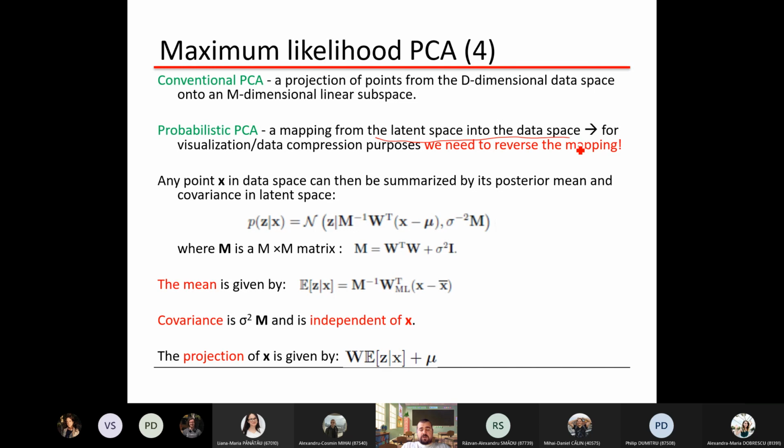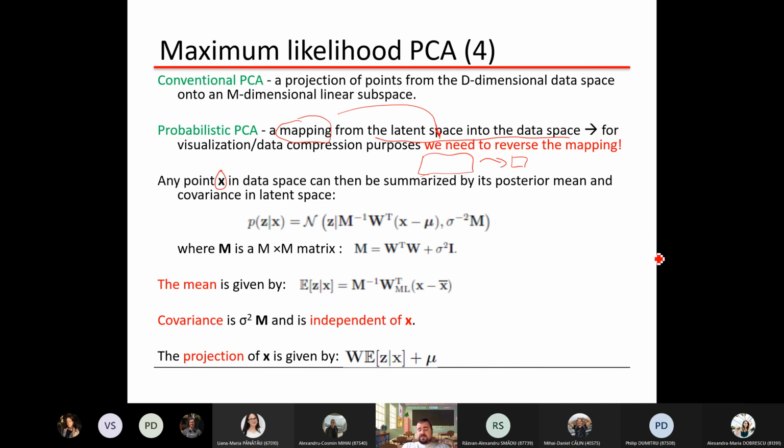But since we want PCA for visualization, for data compression, and so on, we don't need this mapping. We actually need the reverse mapping, because what we would like to do is to get from a higher space to a smaller one, not the other way around.